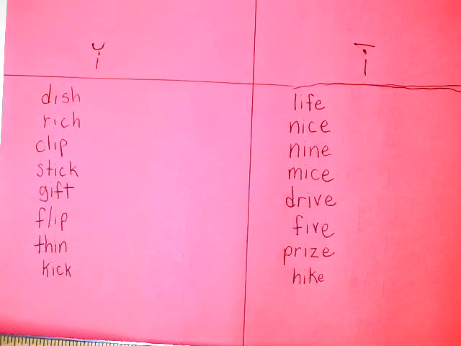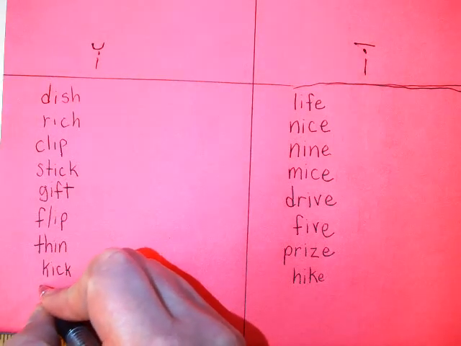Your next word, swim. Swim. If you hear short i in swim, put it right over here. If you hear long i in swim, put it right over here. It's going to go right here.